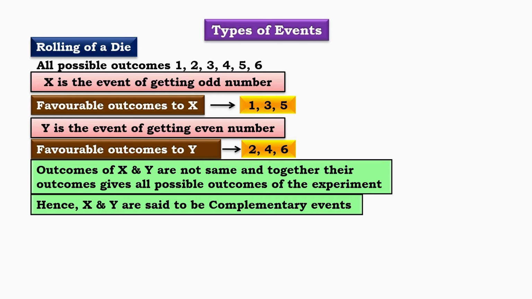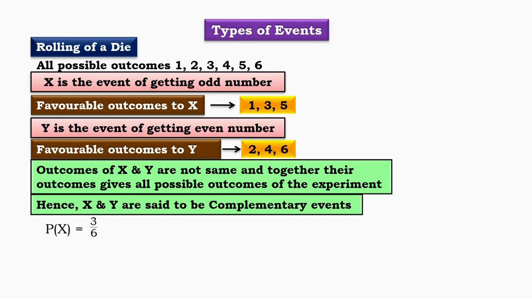That is why X and Y are said to be complementary events. We will not get any number favorable to X in Y. So X is called the complement of Y, and similarly Y is the complement of X. But whenever we combine them, we get all the possible outcomes.